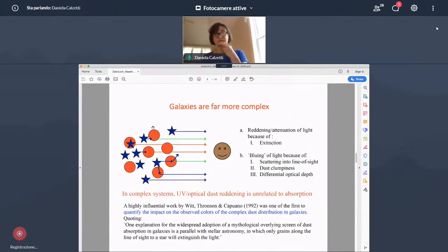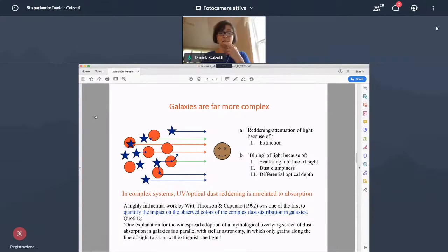Now, galaxies are far more complex than the two toy models I just showed a few seconds ago. Dust is not homogeneously distributed. Stars can occupy locations in front, in between, in the middle, or behind any cloud of dust and gas in their own galaxy. So the effects are multiple and varied.